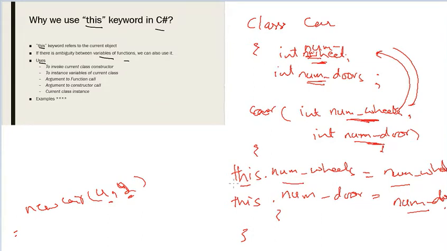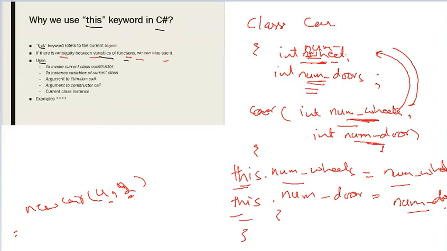So as said, if there is ambiguity between variables of functions, we can also use it. You see, there is ambiguity between the variables of this function and these variables that are defined here. That's why we use it. Also, we said that to instance variables of the current class, so this is the current class we have. To these instance variables, we use this keyword. So this is one of the uses of this keyword.